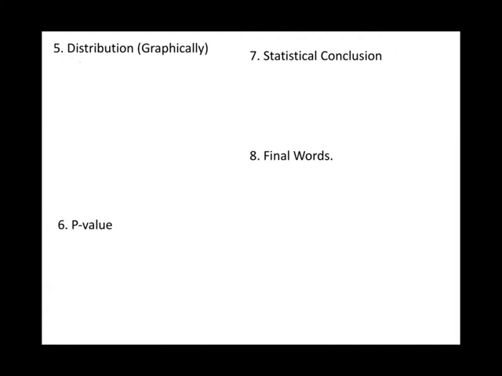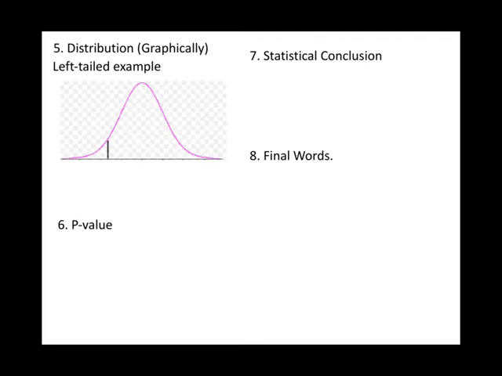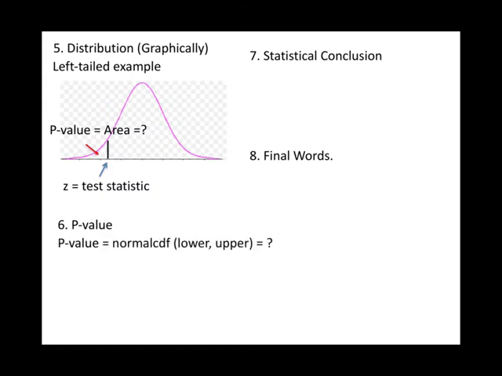Number 5, distribution. I will use the left tail example. So this is the p-value method. This point will be equal to your test statistic. And we will use the test statistic to find the left tail area, which is going to be your p-value. For proportions, we are working on the z distribution. How can you find your p-value? We'll be using the normal CDF, right?